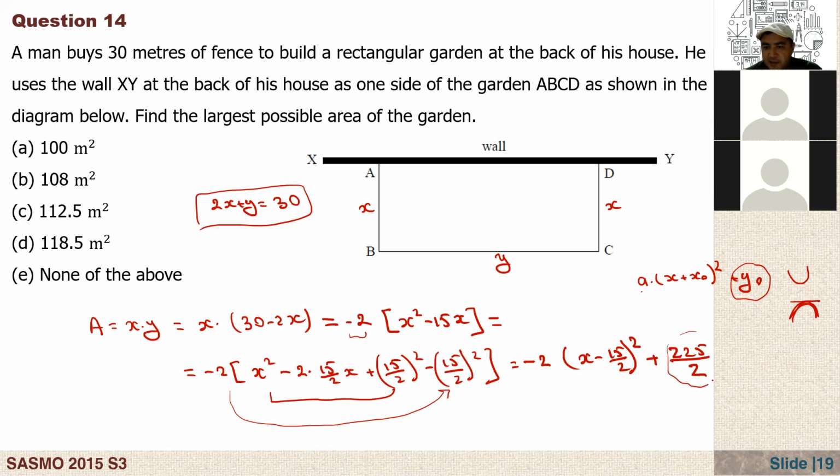That is the maximum value of this area, which is 112.5. So the answer is C. The maximum possible area that we can make by using this 30 meters of fence will be 225 over 2 square meters.